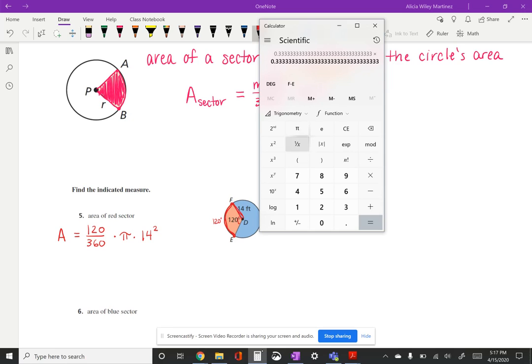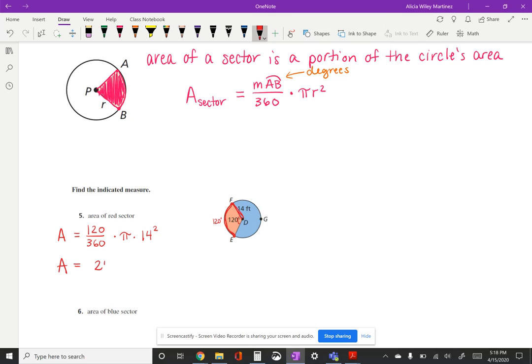I'm going to times that by pi, and 14 squared is 14 times 14, so you can do times 14 times 14, or if you know 14 squared is 196. There you go. You have your answer, which we will round to, I don't know, 2 decimal places. So 250.25. It is area, so it should be feet squared.